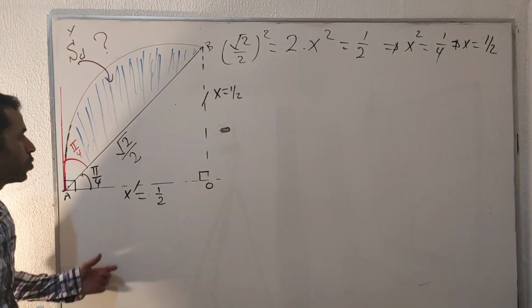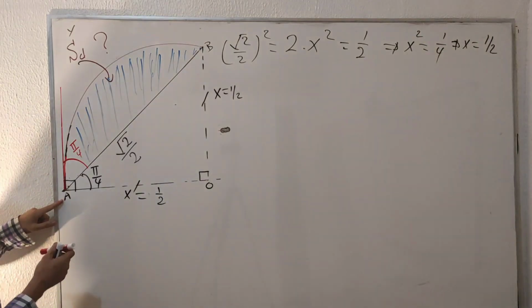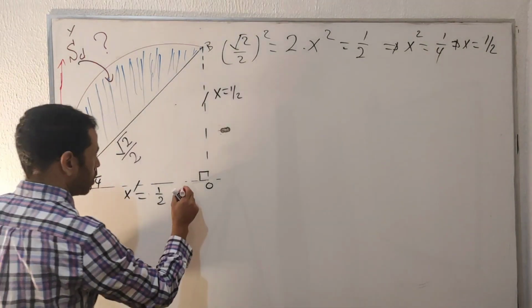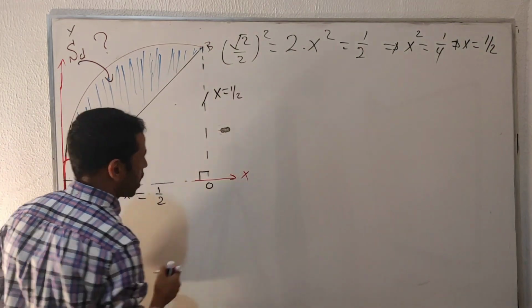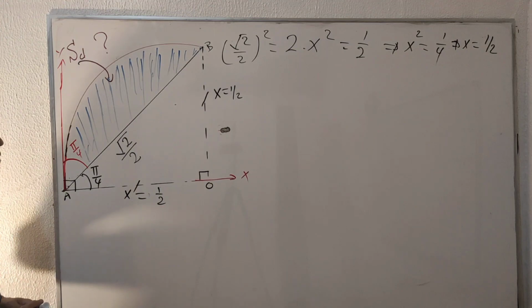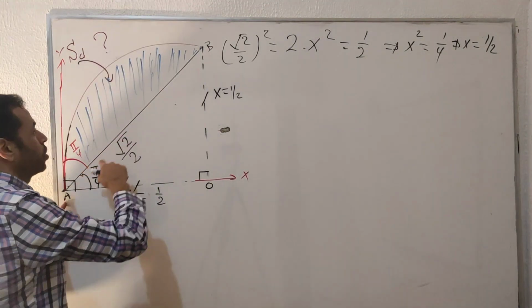I'm going to put this in a coordinate plane. Let's put capital A as the origin. Let's extend this one and make it the x-axis, and this one is the vertical axis. Next, I'm going to determine the equation of the line AB.